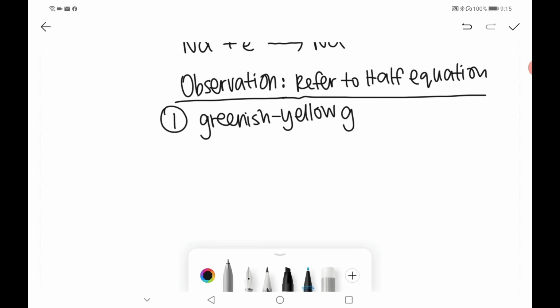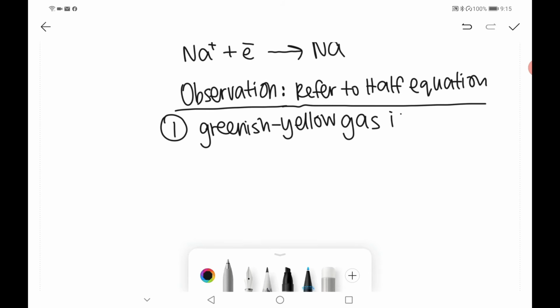And when we have a gas, use the word release. This is something very important. When we produce a gas, we try to use the word release. Some of the books use the word produce, but it's not advisable.